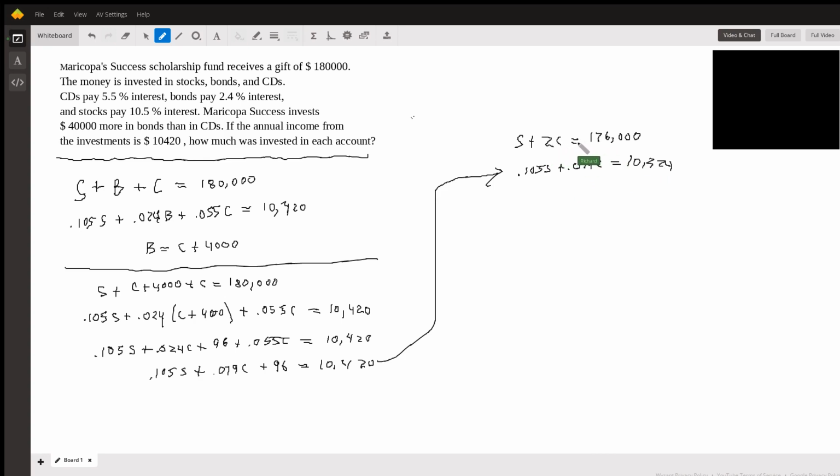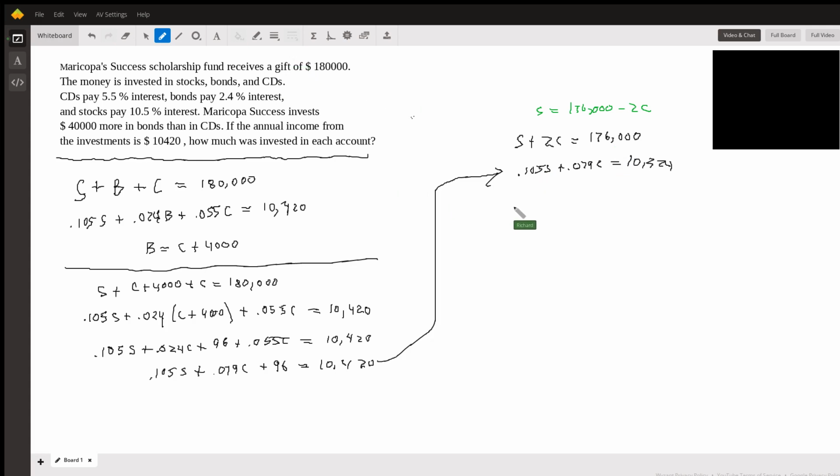So I'm going to do one more substitution here. From the top equation, I'll change colors so you can see this easily. s is going to be equal to 176,000 minus 2c. So I'm going to pop that into this equation down here in black.